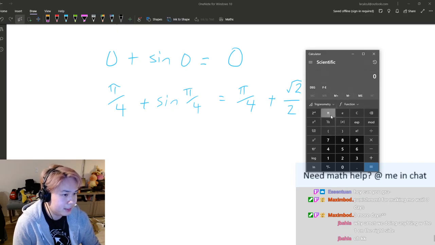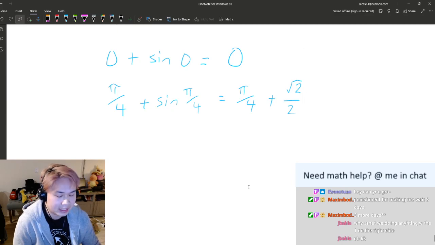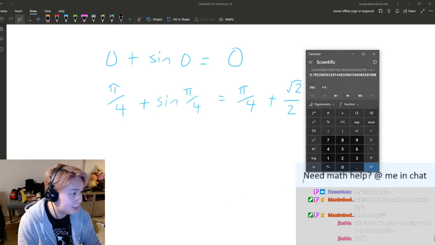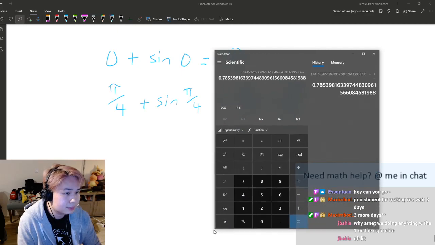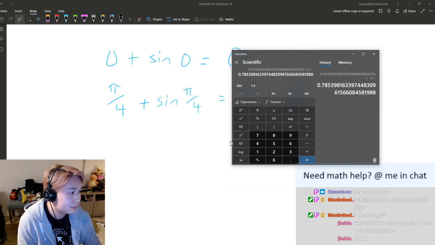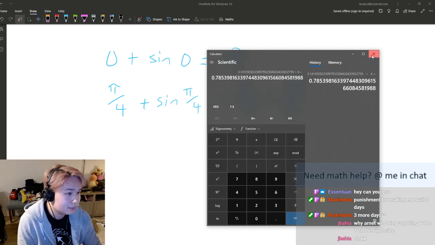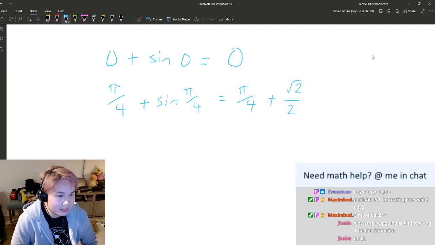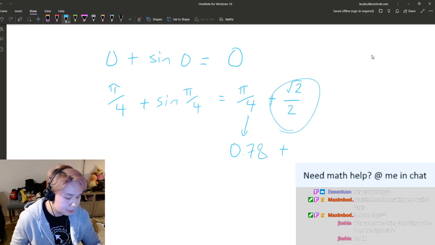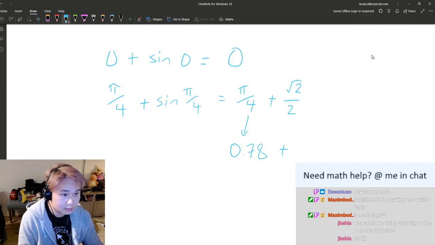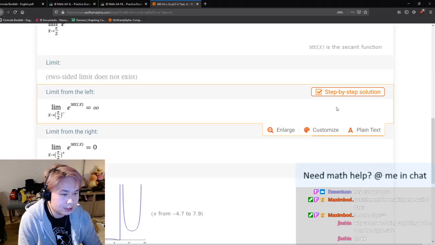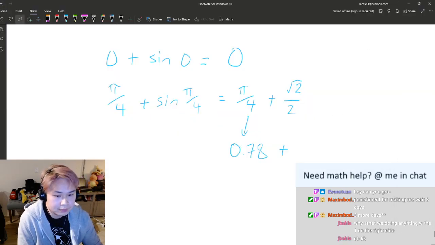Because obviously, you can just check the math yourself. Pi over 4 is 0.78. I don't know if you can see that because my calculator is a little small. Whatever. You know what? I'm just going to write here. So this thing is 0.78. And then if you're adding root 2 over 2, well, you can just check what root 2 over 2 is in a calculator as well.